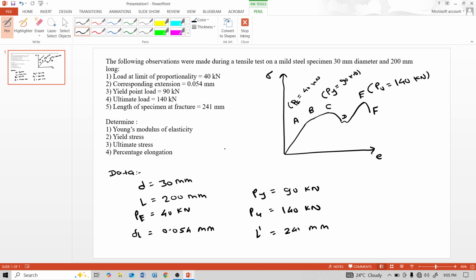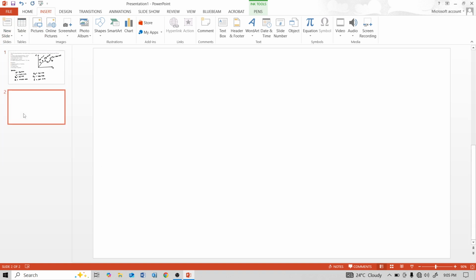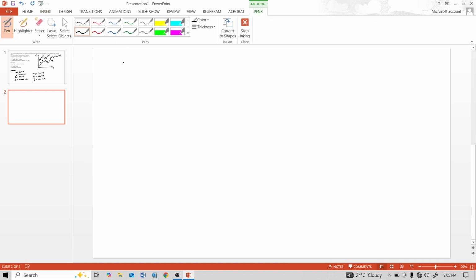Now determine Young's modulus of elasticity. Young's modulus of elasticity is denoted by E, and the formula is stress upon strain. Stress is denoted by sigma and strain by epsilon.